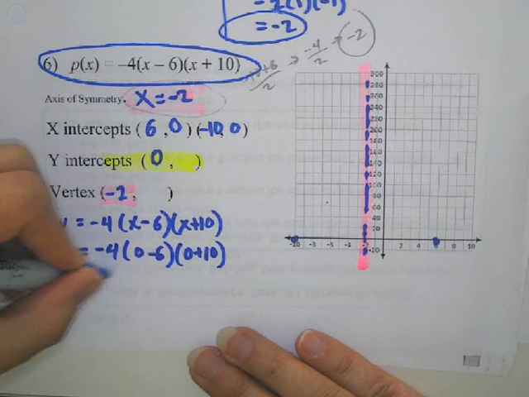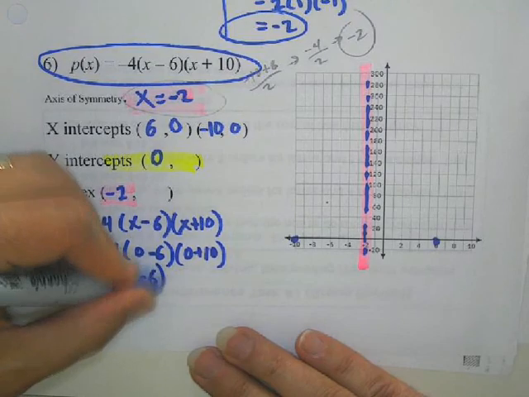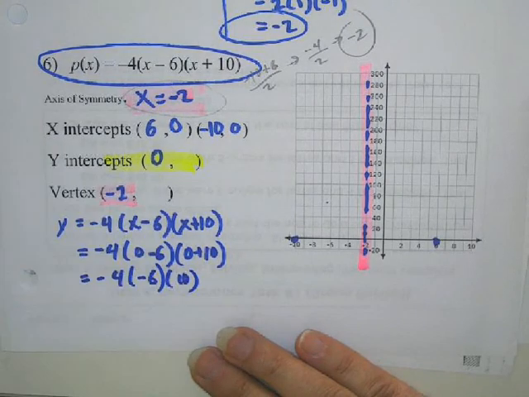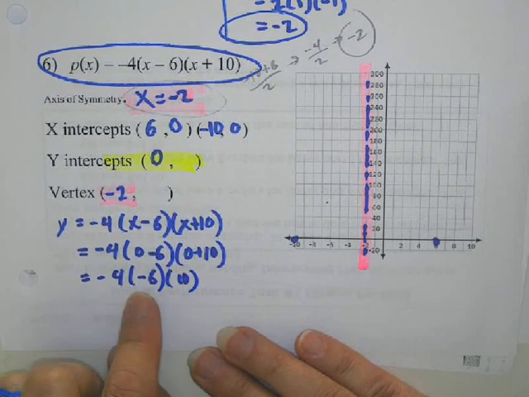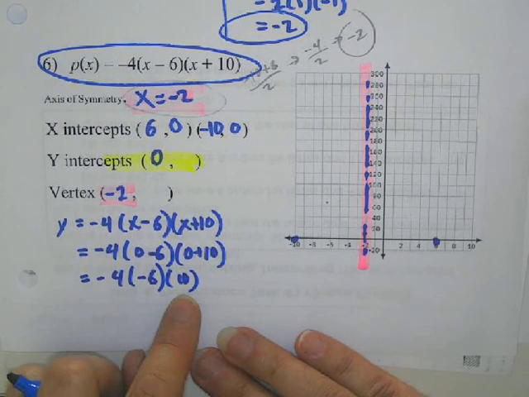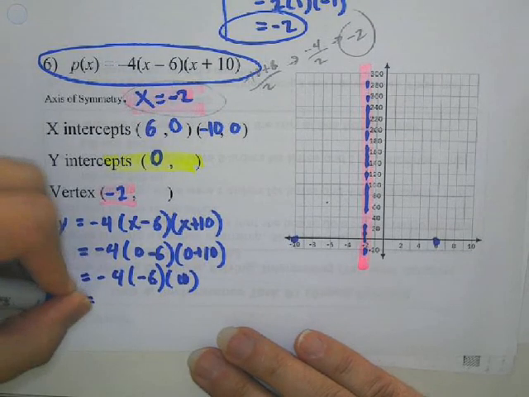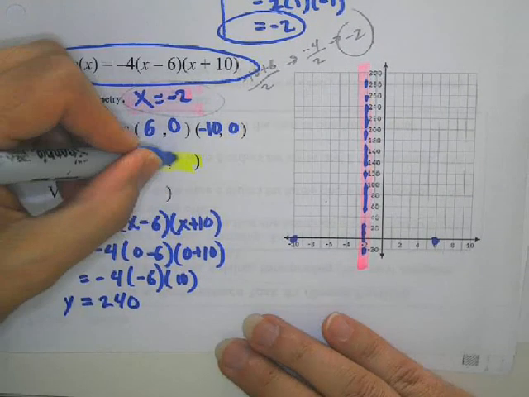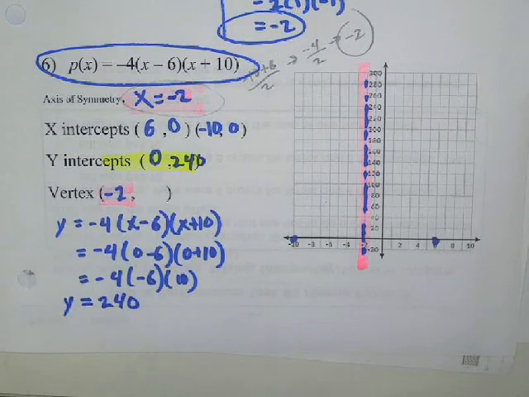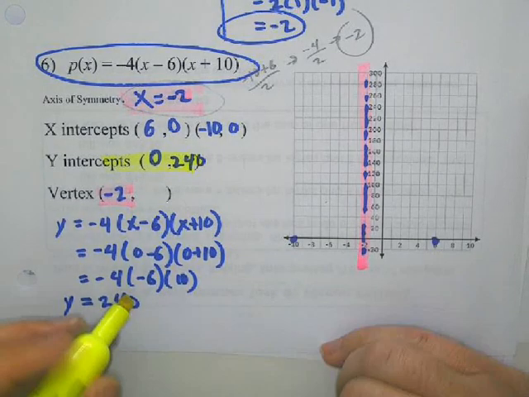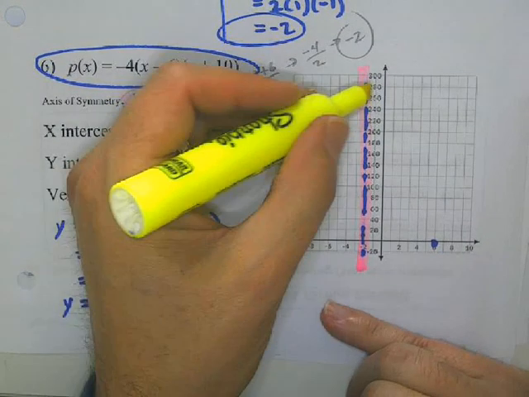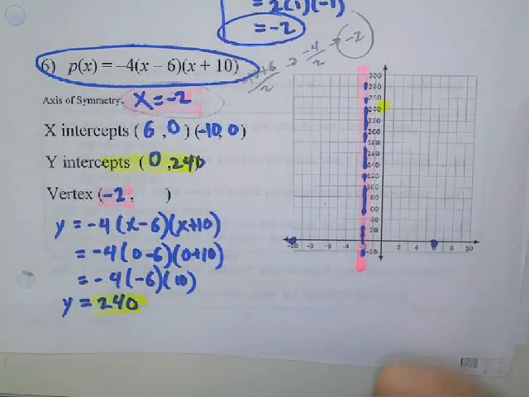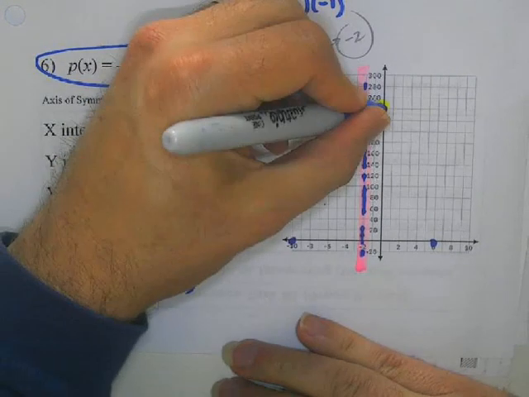Negative 4 times negative 6 times 10. So negative 4 times negative 6 is 24, and 24 times 10 is positive 240. So that's up here. Positive 240.